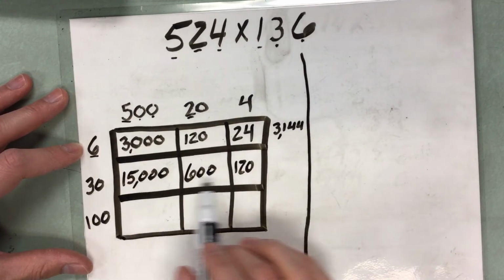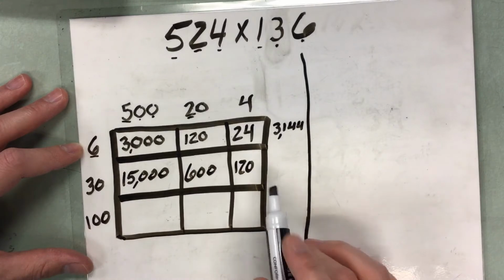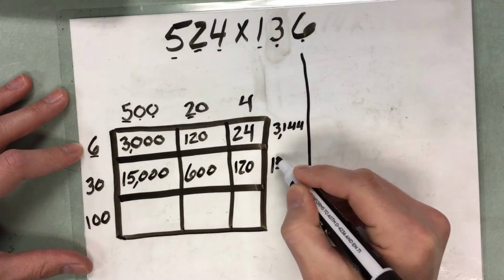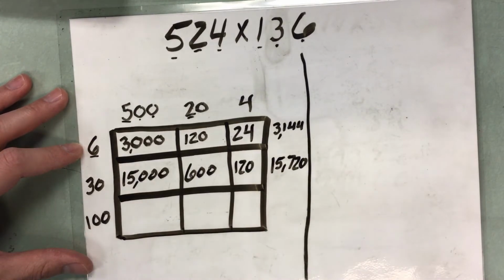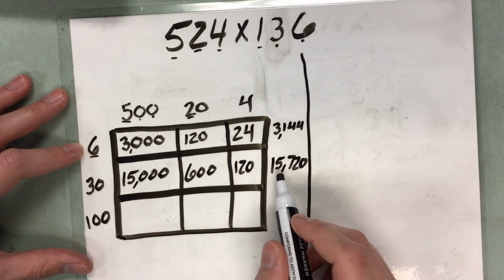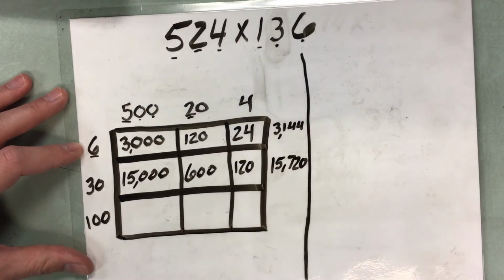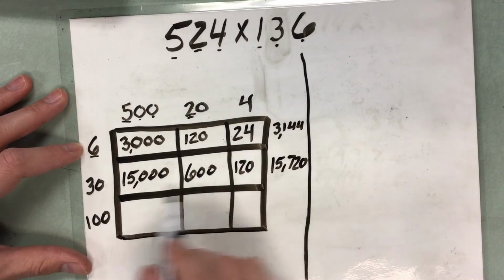Once you have those worked out, add them across. And there you have another partial product. So 15,720. Let's move on to our last row.